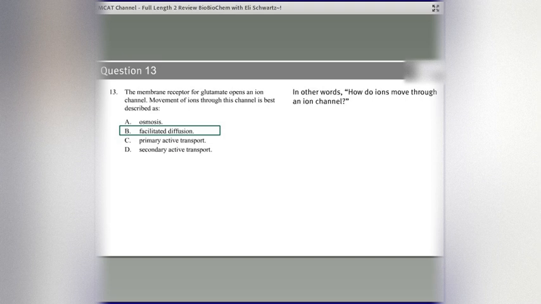Now, what if I had told you moving ions through this channel utilizing ATP? Yeah, we'll get to that in a second, Peter. You're right. Utilizing ATP. That is specifically, you got it, Andrew, primary active transport. This is something you should be familiar with.